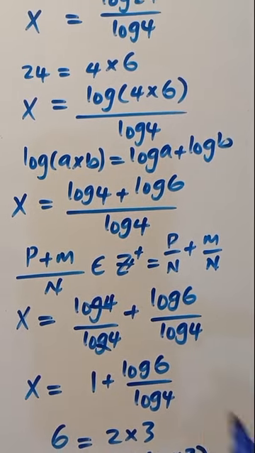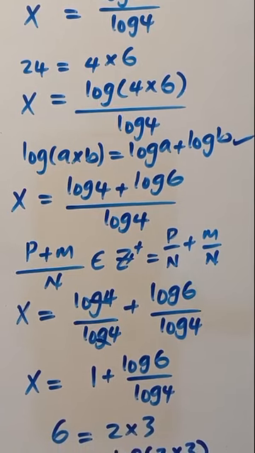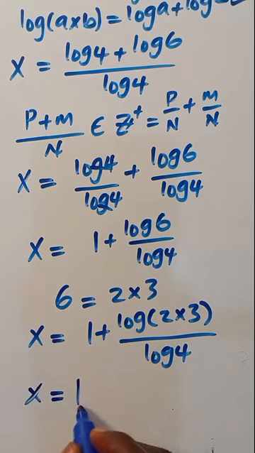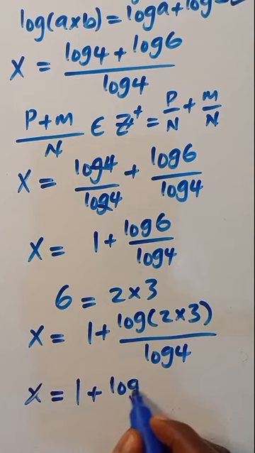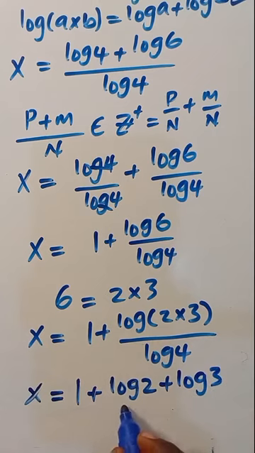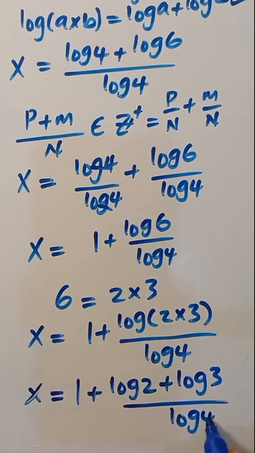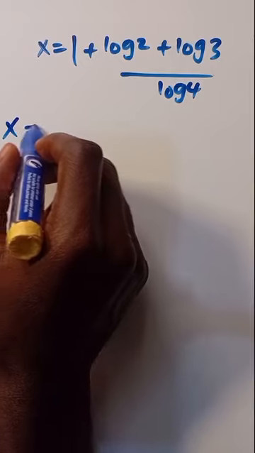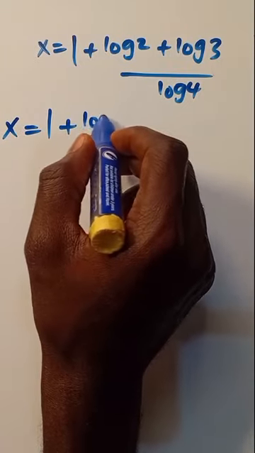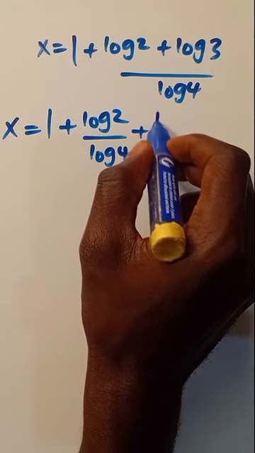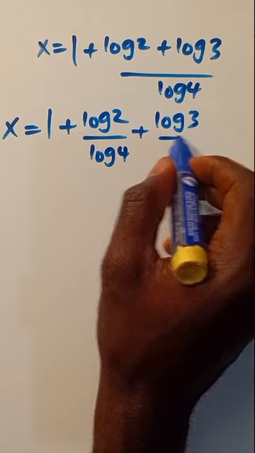Then let us recall the same law, so we are going to have x as 1 plus (log 2 plus log 3) over log 4. So from here we have x to be 1 plus log 2 over log 4 plus log 3 over log 4.